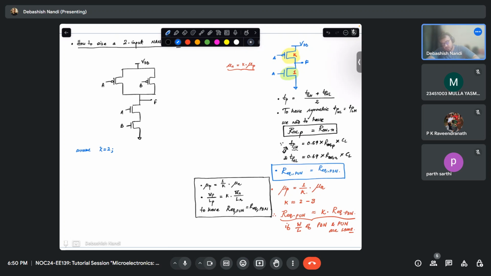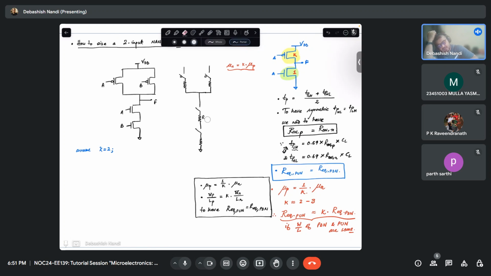Before that, let us draw the switch equivalent model of the same circuit. This is your R on.